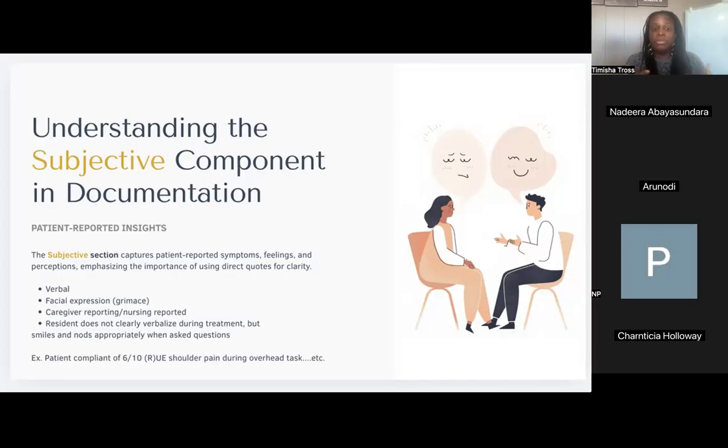We can also include in the subjective the caregiver's reporting. What has the caregiver said? What has nursing said? And we want to make sure that it is very clear, and that we're not using jargon. That's going to be important.